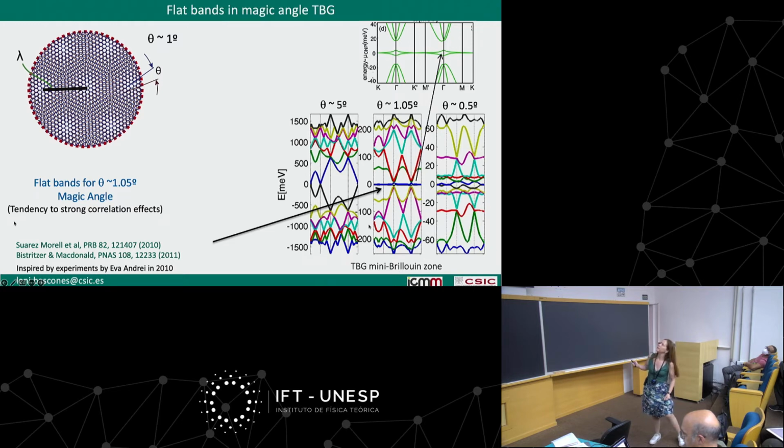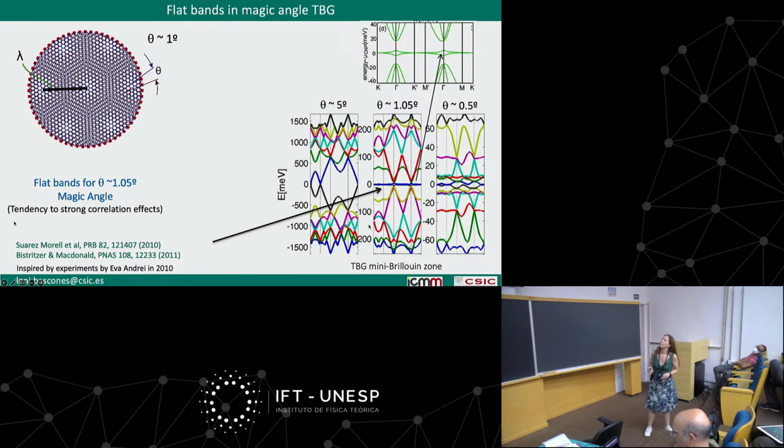You can see it more or less here. Because they are so narrow, people normally call them flat, even if they are not absolutely flat. This means that we can expect correlation effects to be important in these systems.